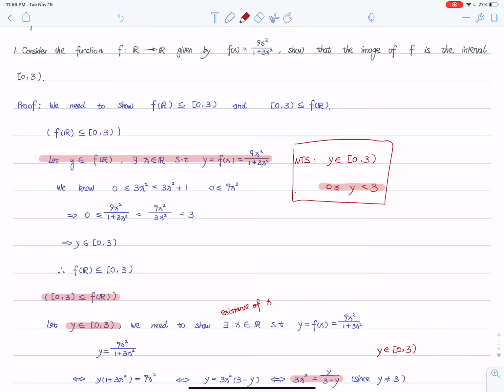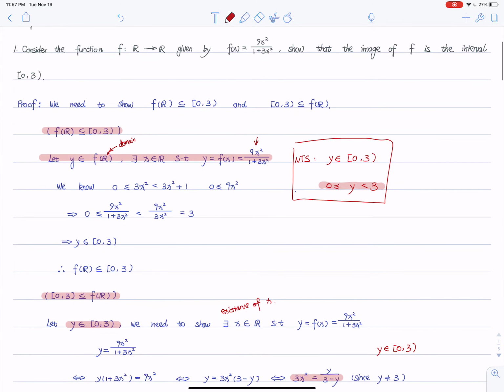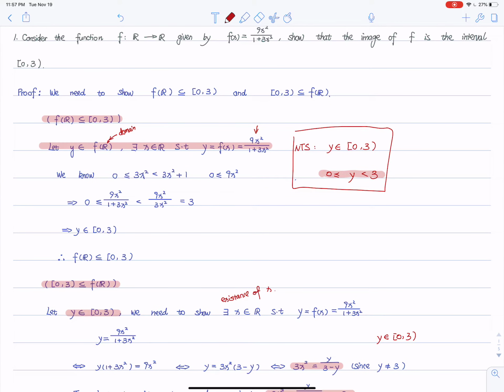For the first half, write down that you want to prove this, and write down the first sentence. You don't need to change anything. Just change this if your domain is not the real numbers, change it to your domain. Inside, change the domain, change your function here, change your equation here, and everything else you can keep the same.